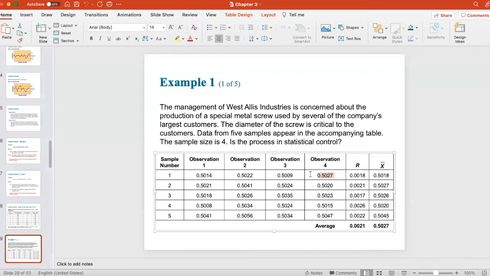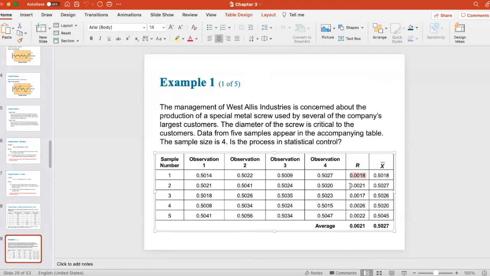What is the smallest one? 0.5009. So you use 0.5027 minus 0.5009, and you get the result, which is 0.0018. Always keep in mind, to calculate the range of every sample, you use the maximum value minus the minimum value. That's it.